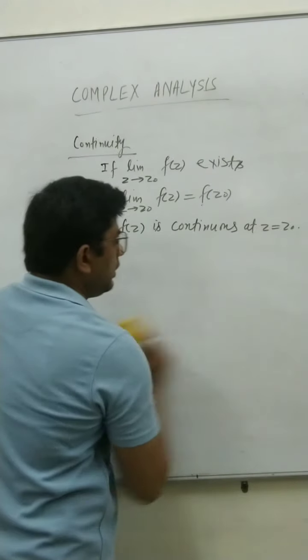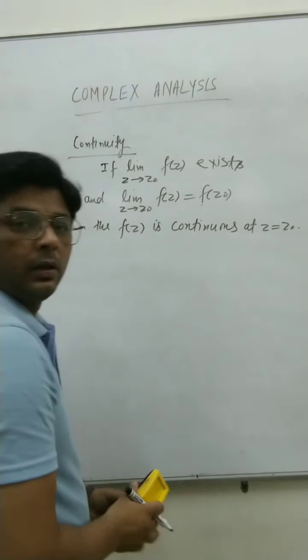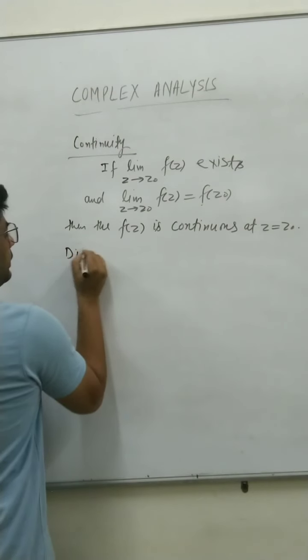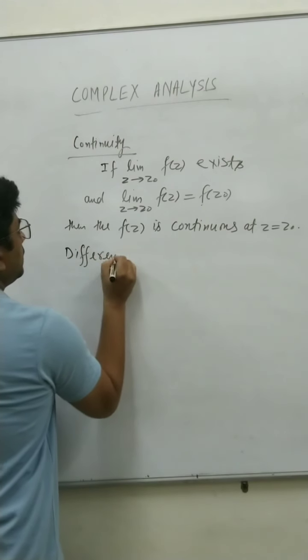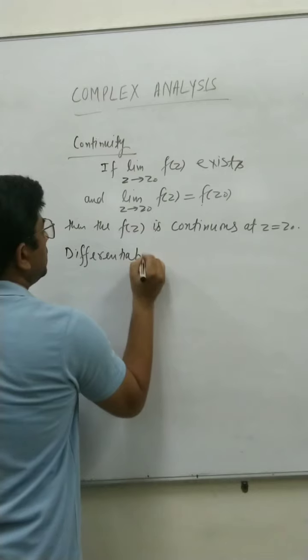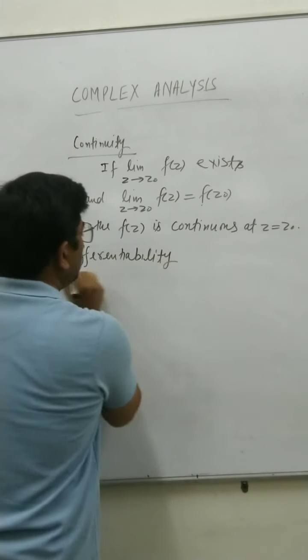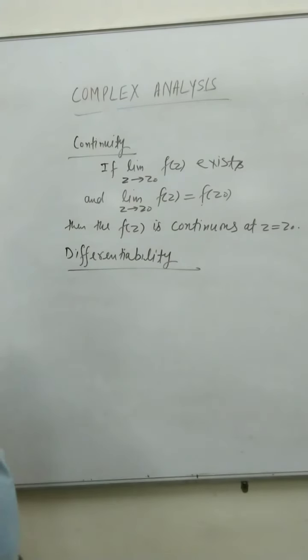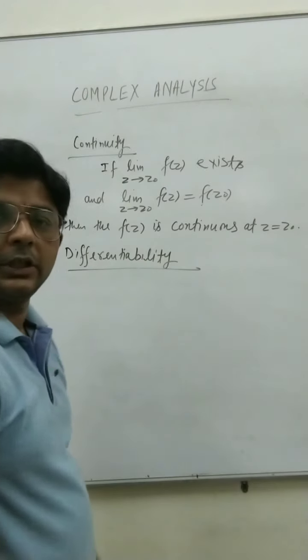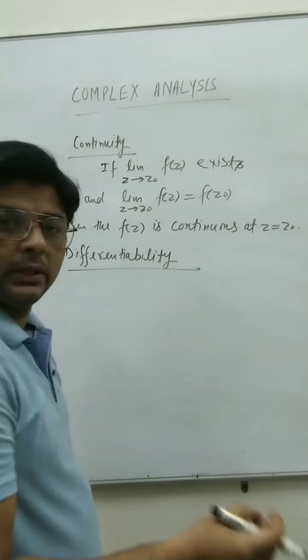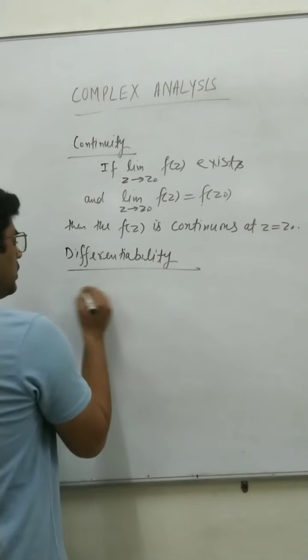Next we come to differentiability. How can we say that a function is differentiable at a point z equal to z naught?